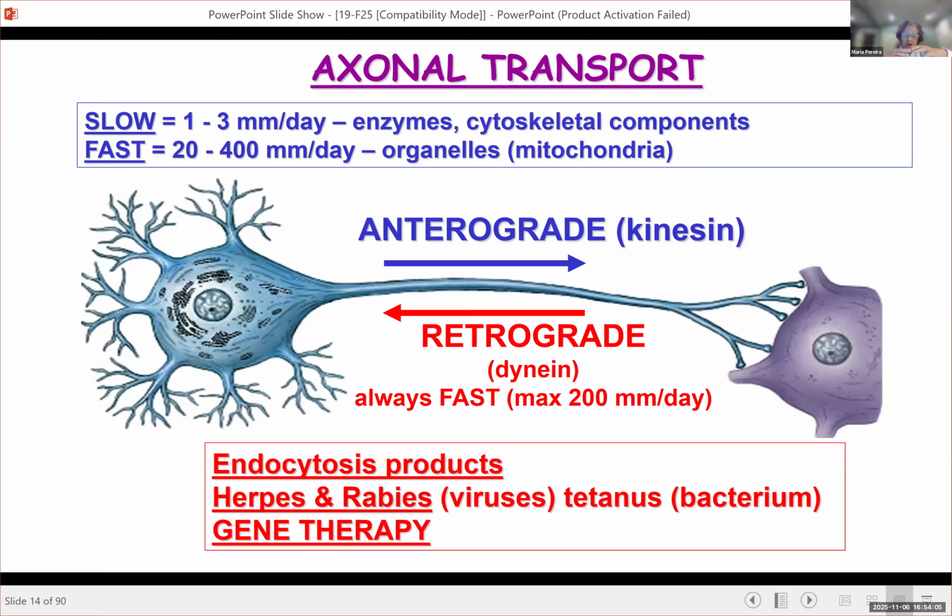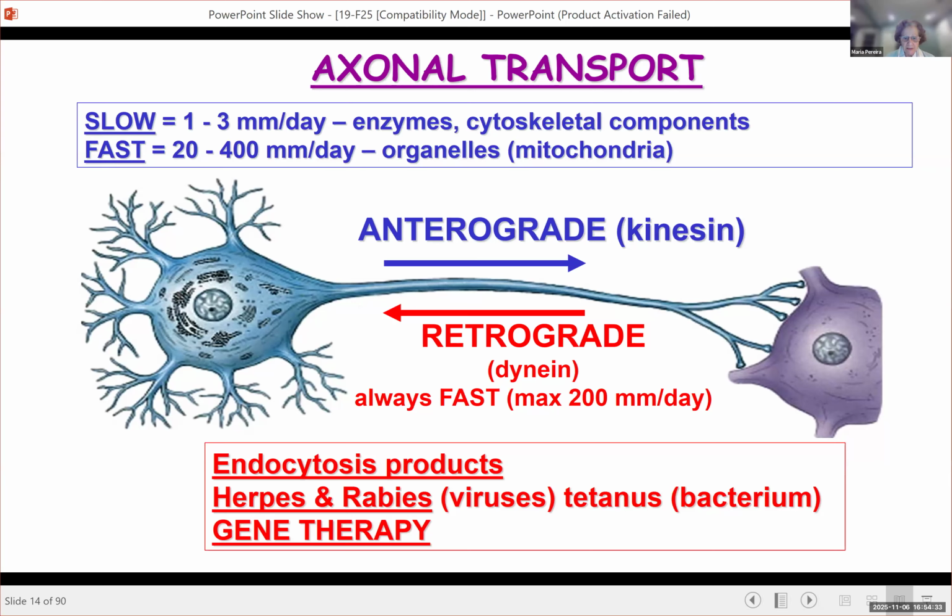The membrane invaginates and brings in products that are in the extracellular environment. So this is what is carried by dynein. And what are some of those? There's a lot of products that come in, nutrients, amyloid beta, things that are good and things that are bad.